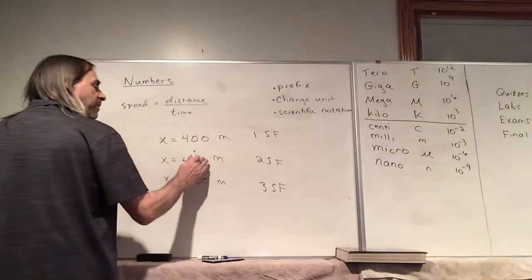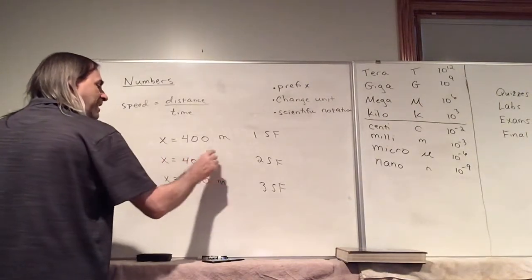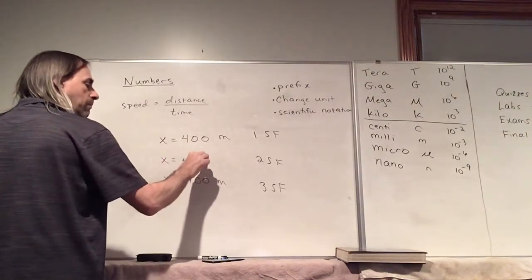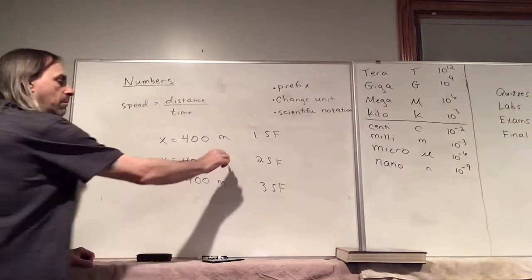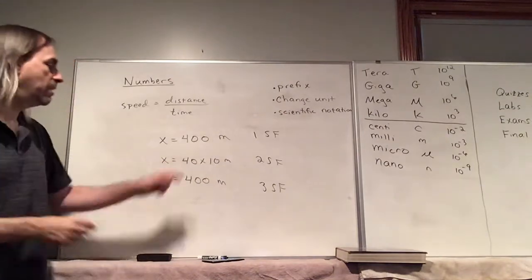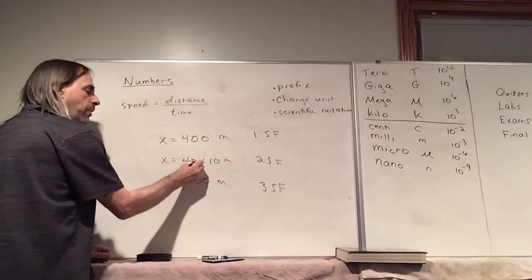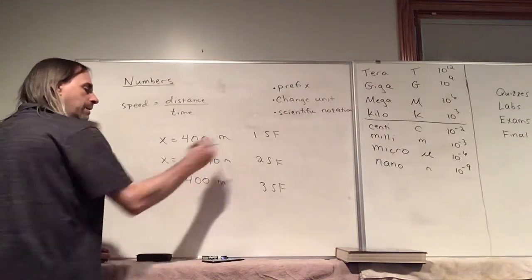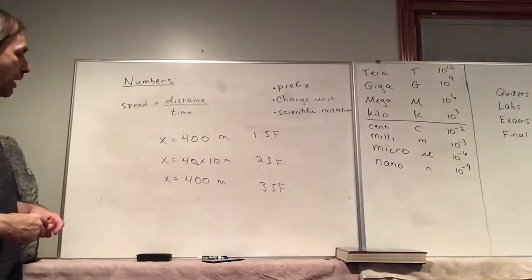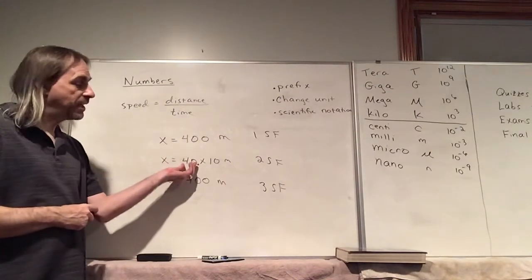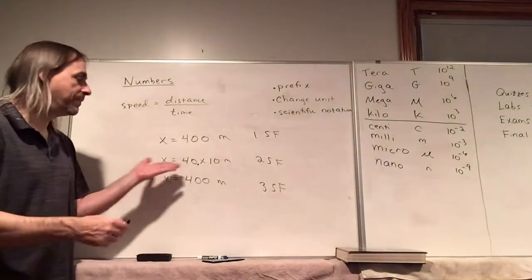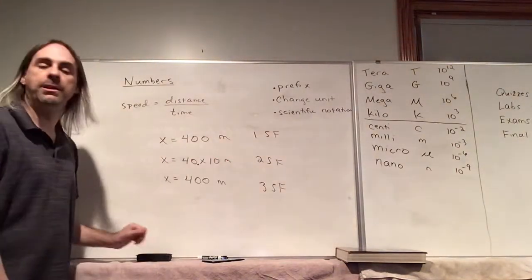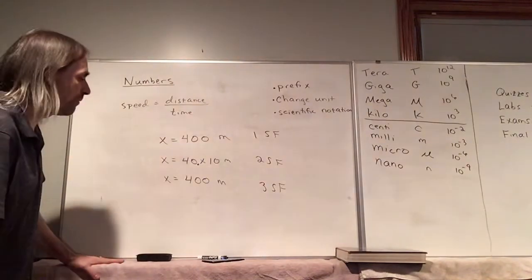For 2 significant figures, you'd often see it written like this. You can see it like 40 with a decimal point here times 10. And so you can see this is 2 significant figures and then multiply by 10. So it's 400, but this way at least it's clear how many significant figures you have.